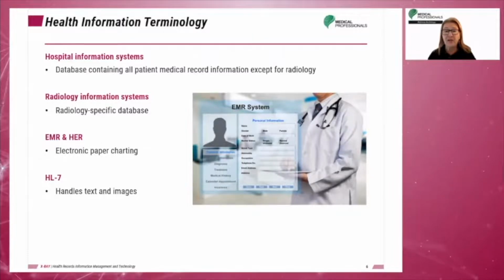The HL7 system is needed because the Radiology Information System handles mainly textual patient records, while the Health Information Systems, or Hospital Information Systems, contains reports as well as images. HL7 is compatible with both.